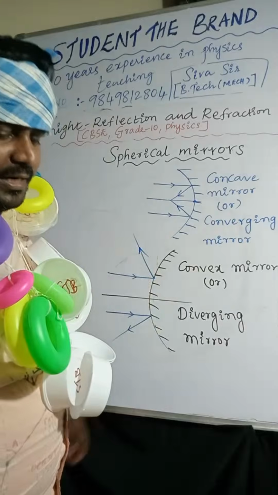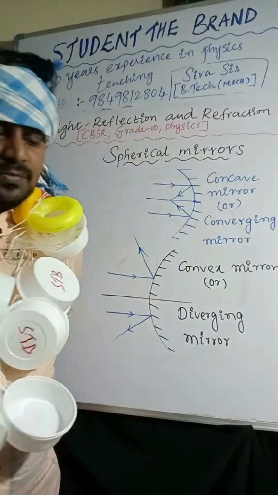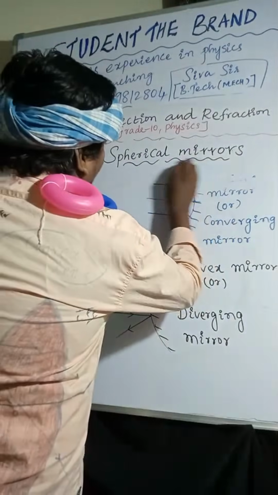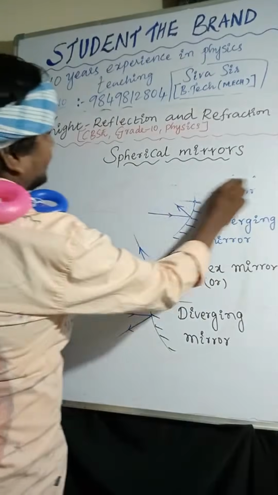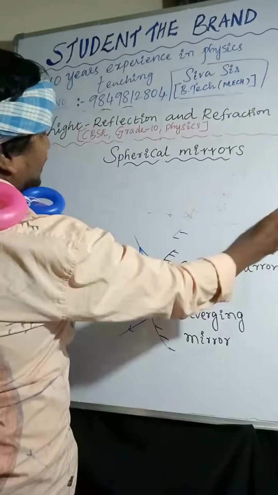Is it clear? Next, we will do the ray rules of the concave mirror and convex mirror. Those are spherical mirrors. A mirror in the form of a curved shape is called spherical.